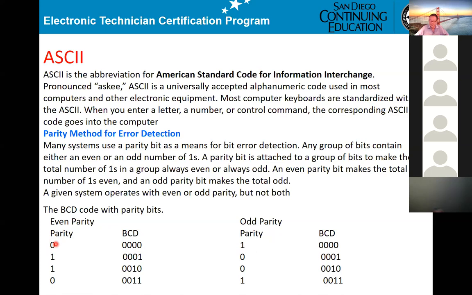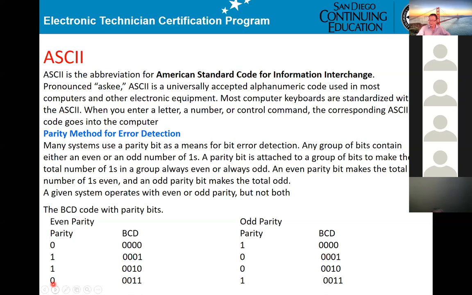However, the next number 001, you get only one 1. It's not even, it's odd. So the parity bit, they have to add in 1 to make it even. That means you get two 1s, even. And the next one, you get only one 1. That's odd, they must add 1 to make it even. The last one, you get 1 1, already even. They must add 0. That's for even parity.